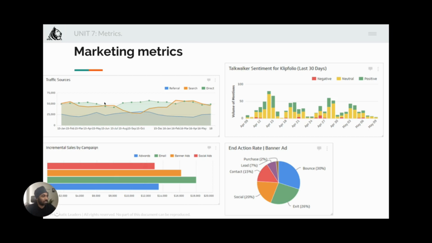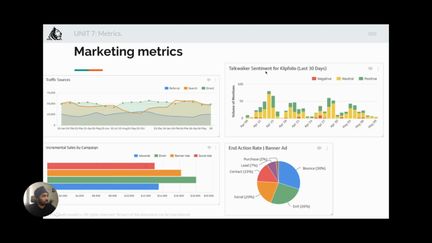So you can see the search one is waxing and waning, and that's where you can actually improve it. You need to make it a little more consistent, right? Had it been consistent, then in this month they would not have suffered a dip of almost one third of the entire traffic, right?